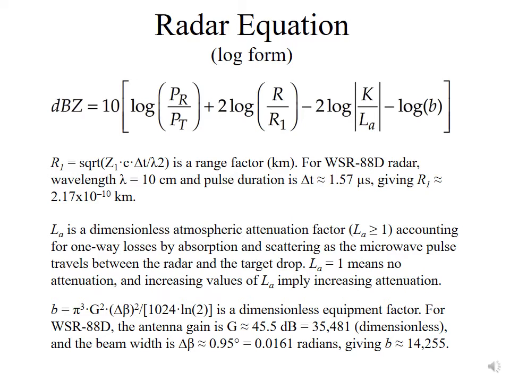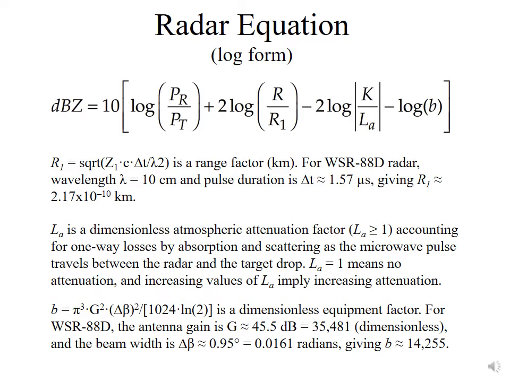So we have the log of Pr over Pt plus 2 times the log base 10 of the range over this constant R1 minus 2 times the log base 10 of the index of refraction over that quantity LA minus the log of B, where B is the equipment factor.